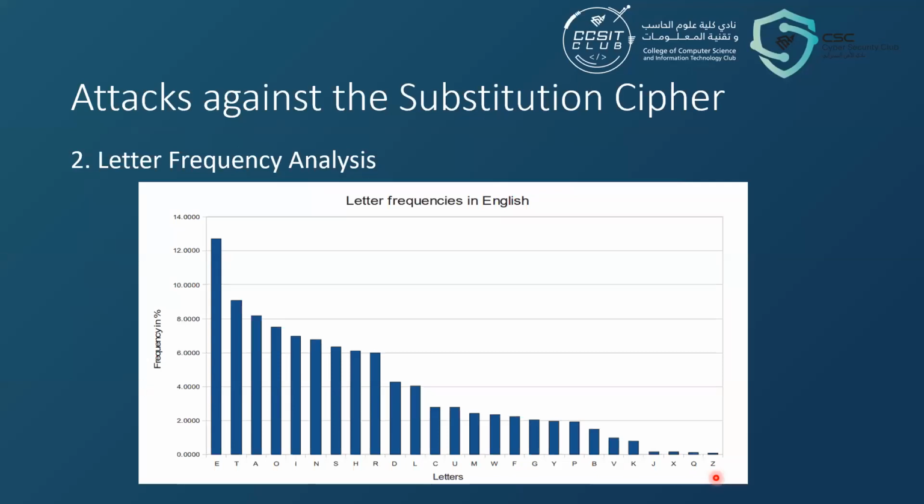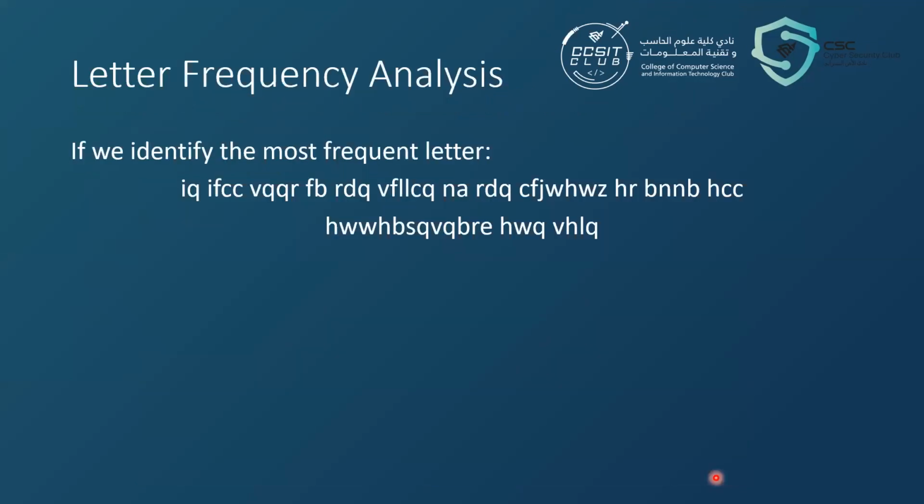Okay, now you can see that even though a brute force was not successful, if you have this ciphertext here, for example, can you guess what's the most occurring letter in here?